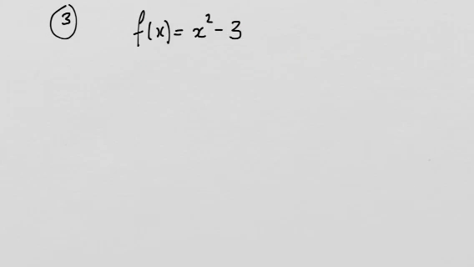Question 3, find the range of the function. Now the easiest way to find the range of a function is to sketch it. So y equals x squared minus 3, it's an x squared graph, which is an up and down, happy smiley face graph, and the minus 3 means it's been moved down 3 units.